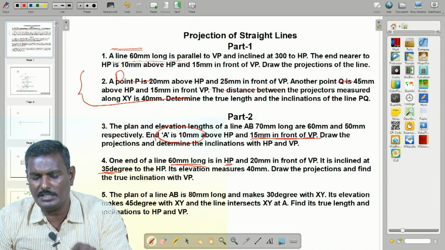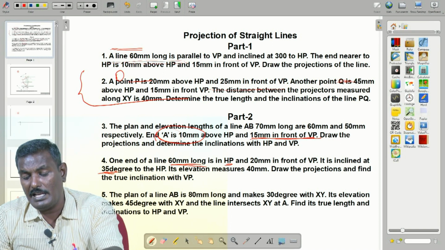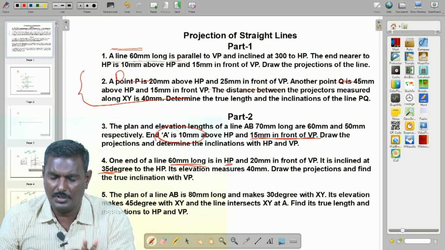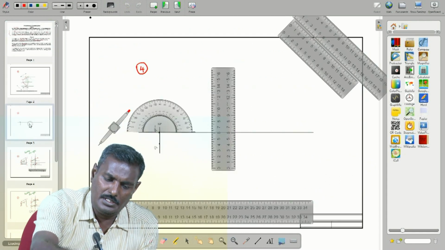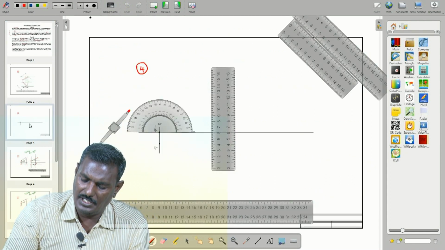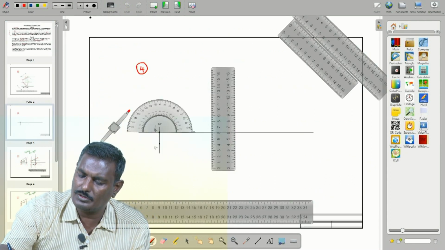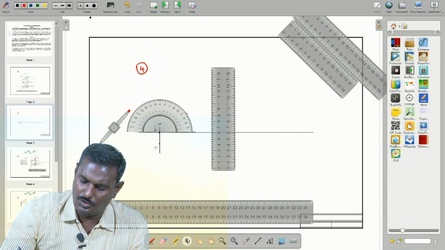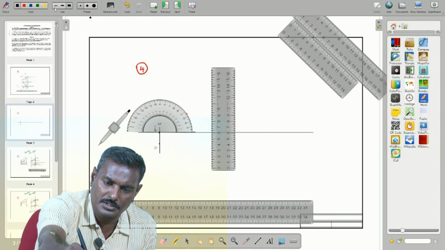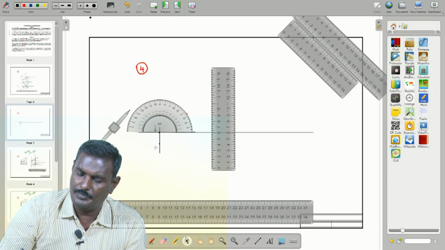So we have to mark 35 degree. Its elevation measures 40 mm, that's also a concept. Come over here, 10, 20, 30, 35 degree is here. Using this, we have to draw a line.